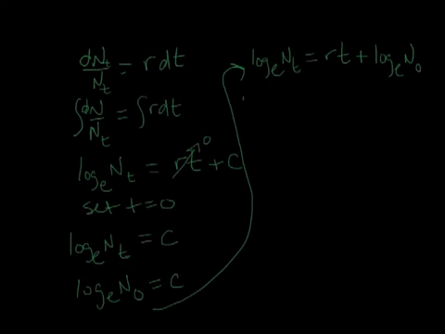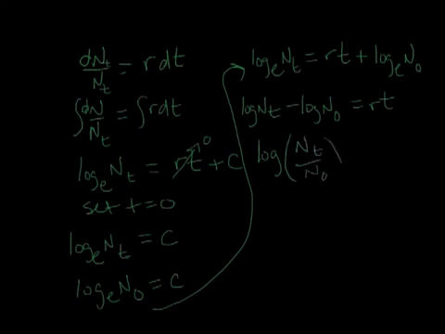Now we can rearrange this to be the log of n at t minus the log of n at time 0 is equal to rt. Using our laws of logarithms, we know that this is the same as the log of nt divided by n0, which is still equal to rt.